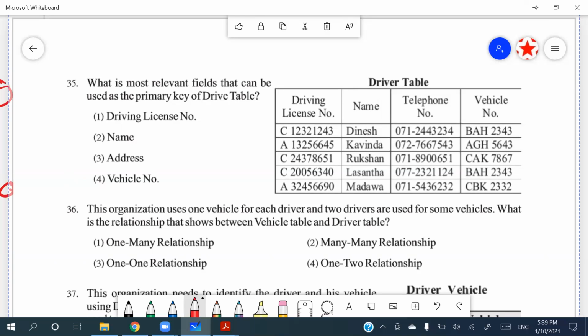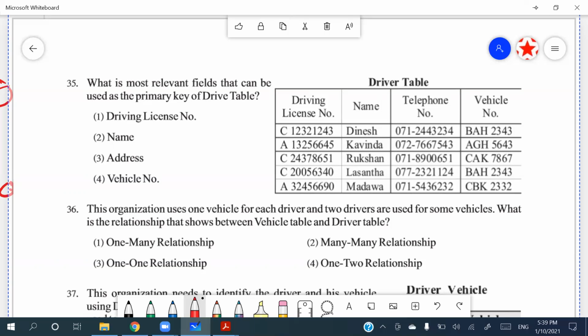So the most suitable one should be the driving license, because driving license number is something like the NIC, one particular number for each and every driver. Name can be easily repeated, even though it is not shown here.